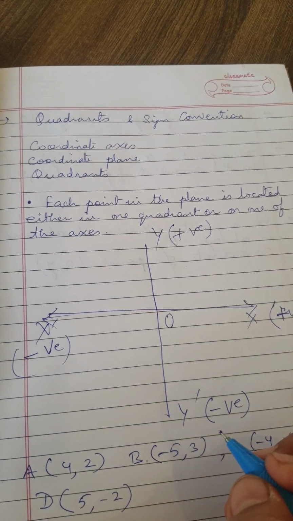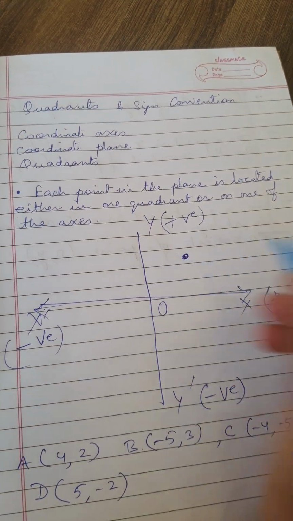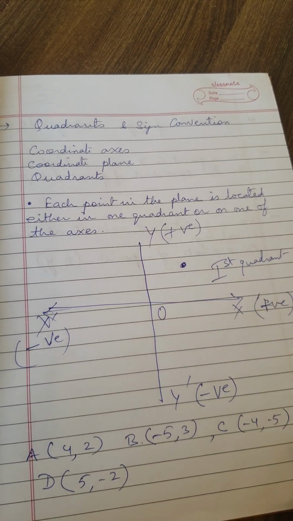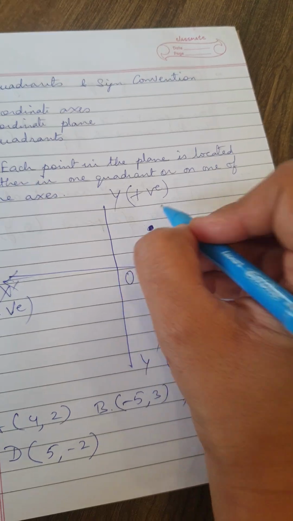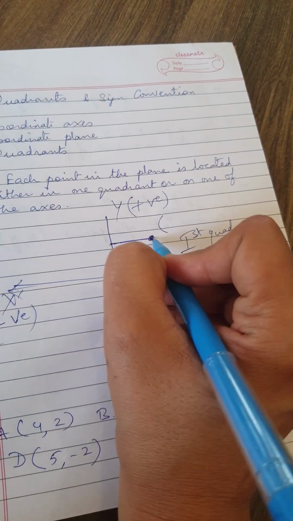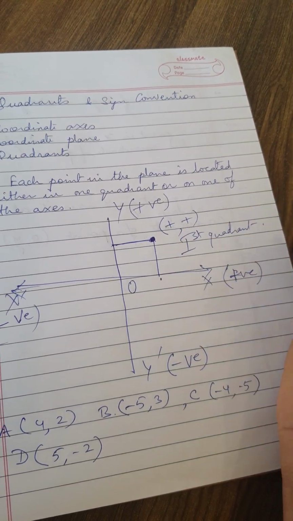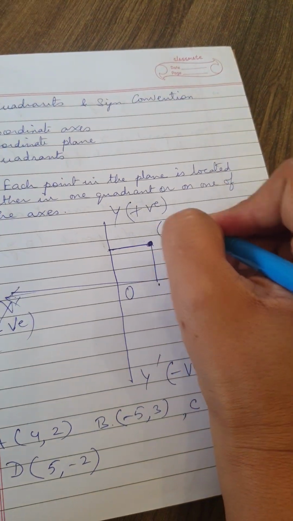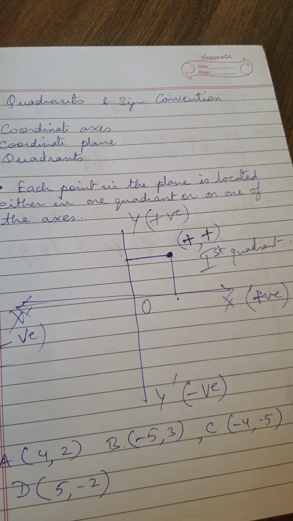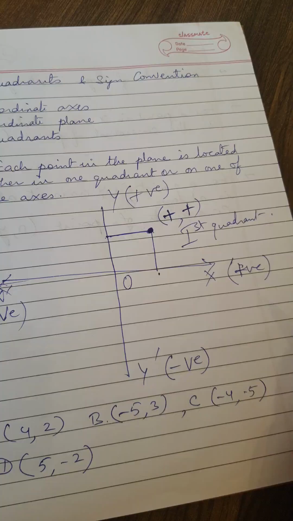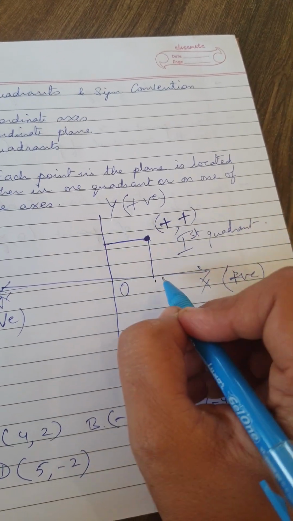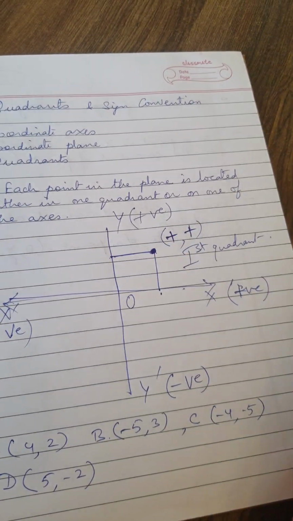So whenever any point lies here, which is known as the first quadrant, this point indicates the positive value of x and positive value of y. So both the coordinates of this point should be positive in the first quadrant, because whichever point will come under this quadrant, here your x and y will always be positive.